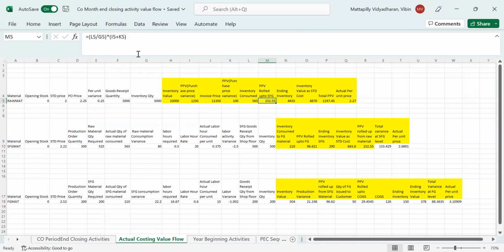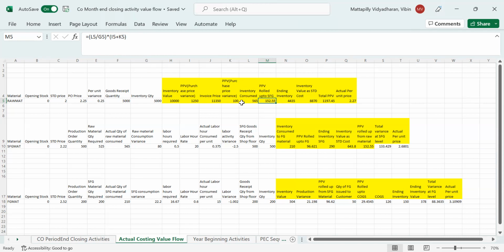We have two variances here. The first variance came at the time of goods receipt, that is 1,250. The second is the purchase variance at the time of vendor invoicing, that is 100 rupees.